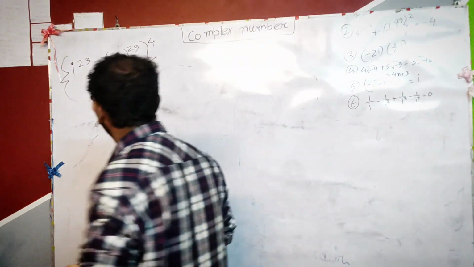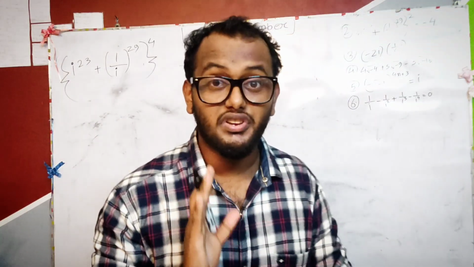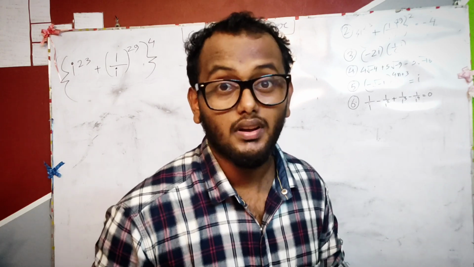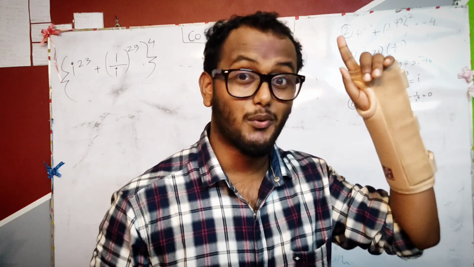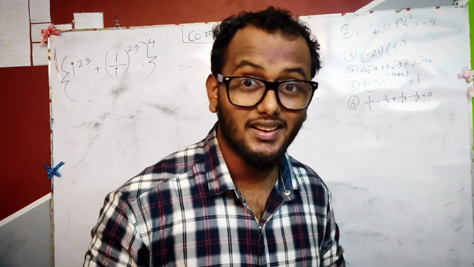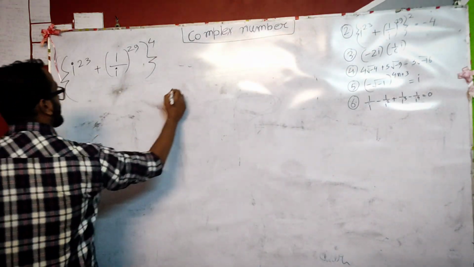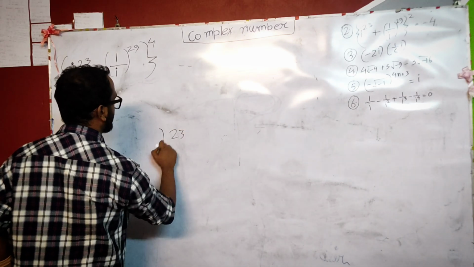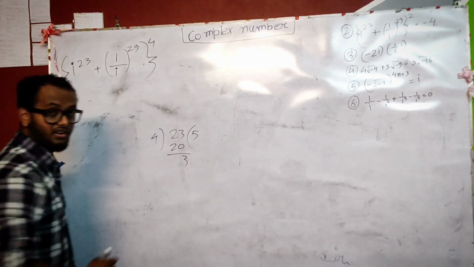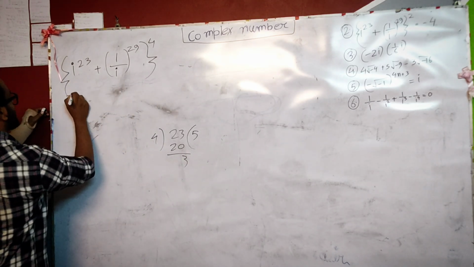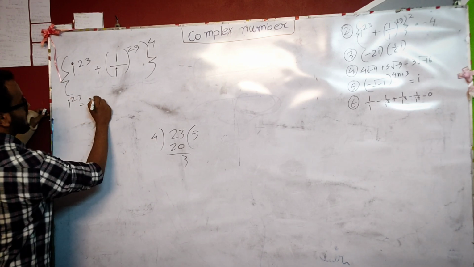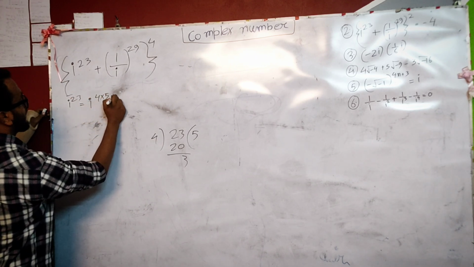First, what will we do for i to the power 23? Simply, we will divide 23 by 4 and write the old formula: dividend is equal to divisor into quotient plus remainder. Let's try this one. If we divide 23 by 4, 4 fives are 20, so the remainder is 3. Then i to the power 23 equals i to the power 4 into 5 plus 3.